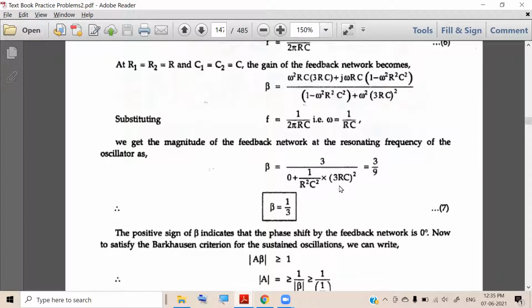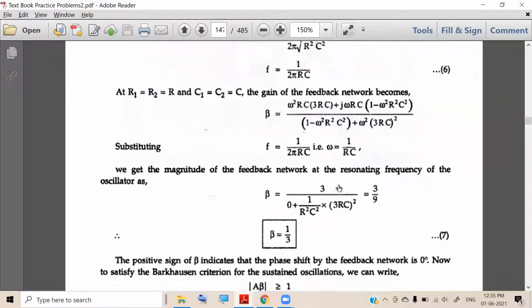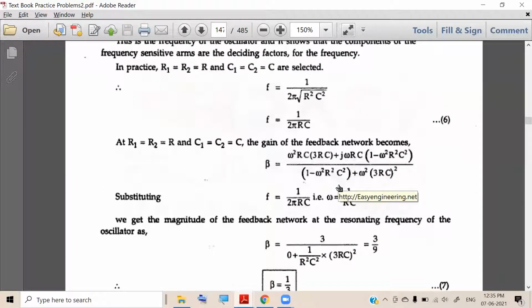Because imaginary part equal to 0 means that can happen for 0 degrees or 180 degrees, right? Okay, because tan 180, how much is tan 180 degrees? Infinite. Tan 180 degrees, what is tan 180 degrees?